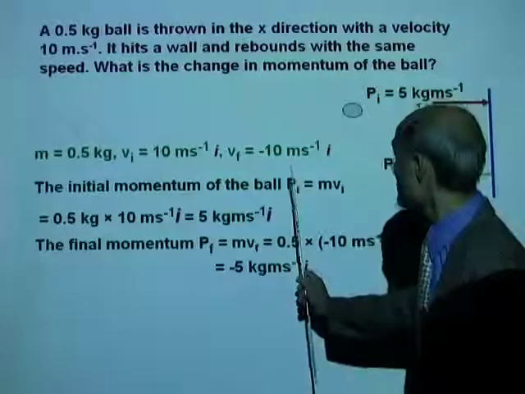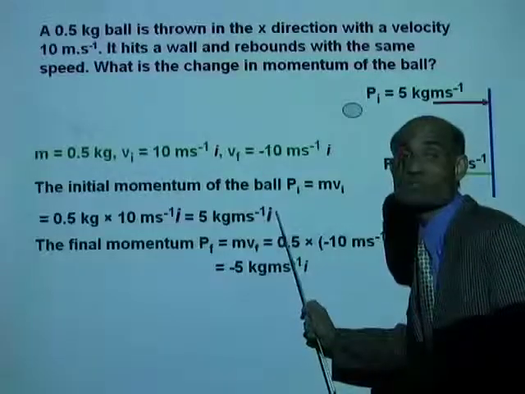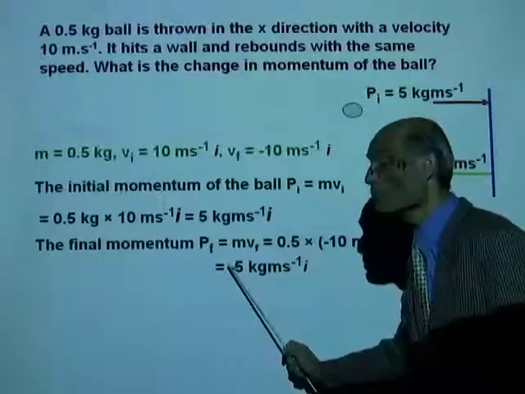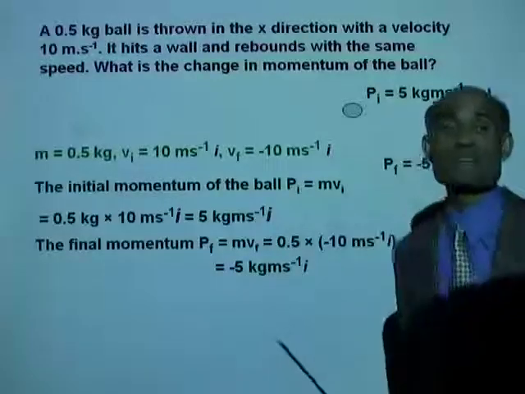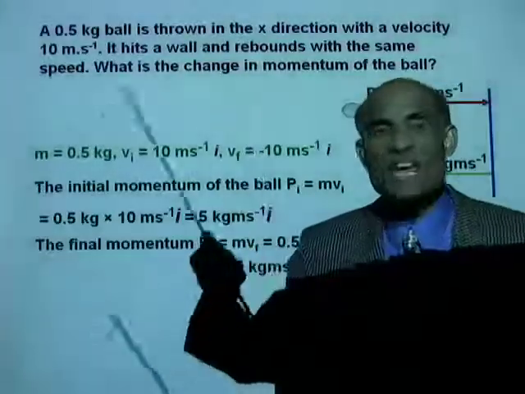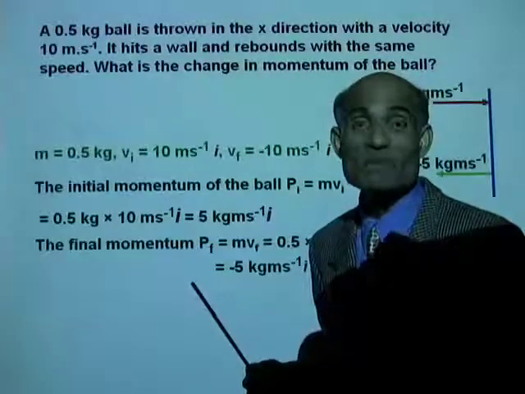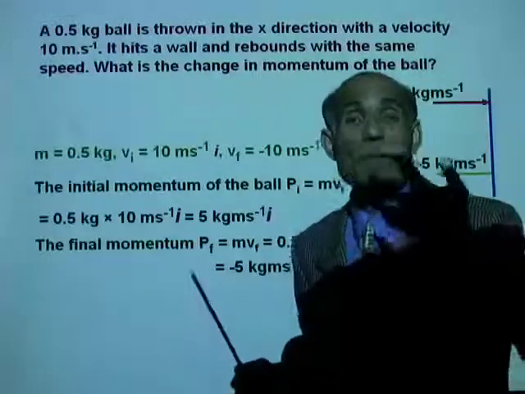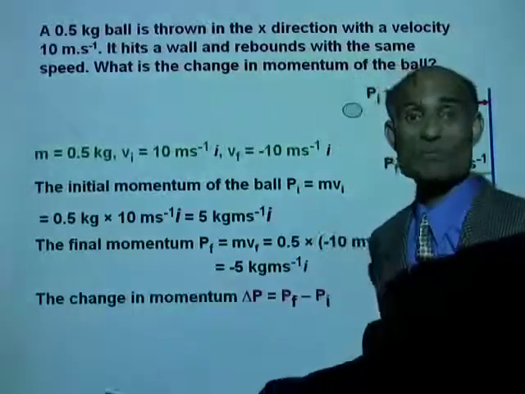The initial momentum is 5 kilogram meter per second i. The final momentum is negative 5 kilogram meter per second i. What is the change in momentum? What is the definition of change in momentum? Final momentum minus the initial momentum. That is the definition of change in momentum.